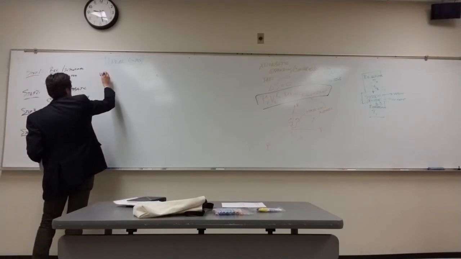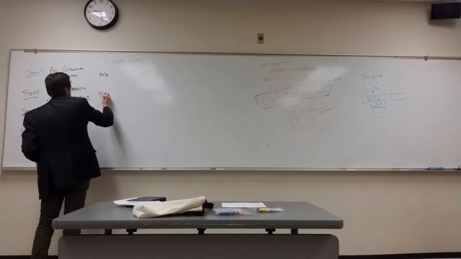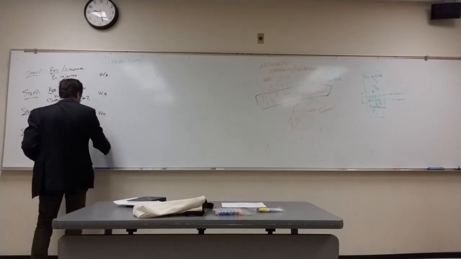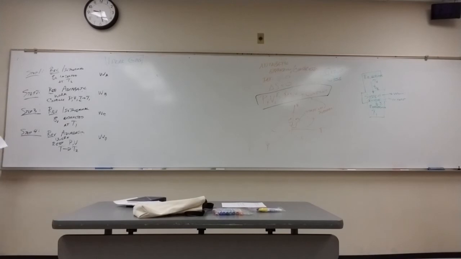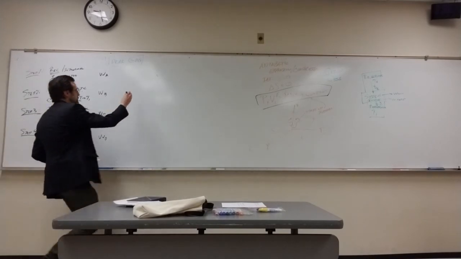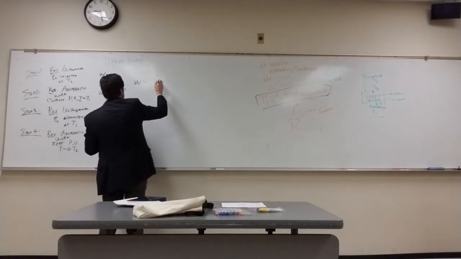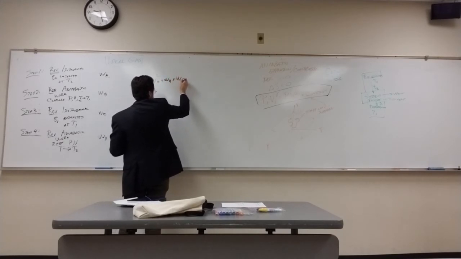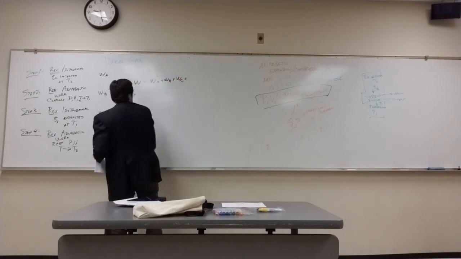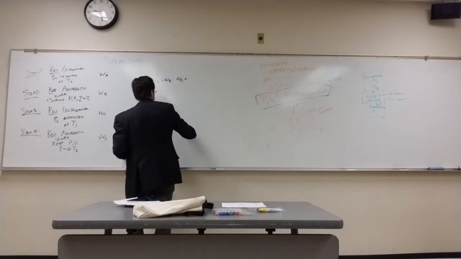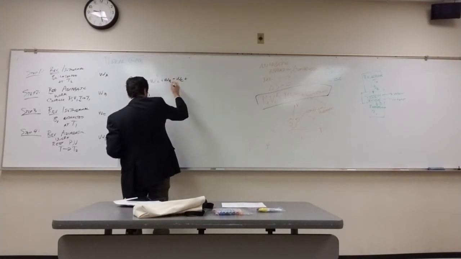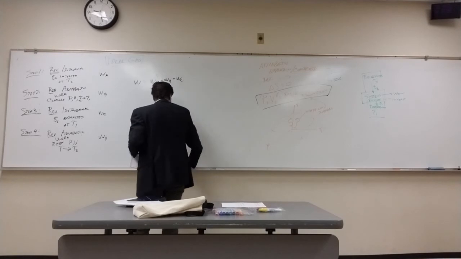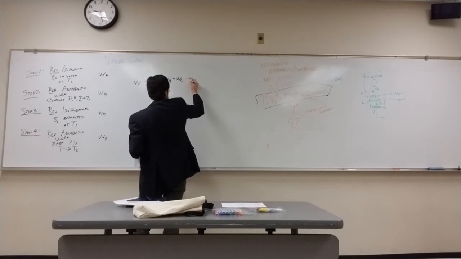Let's call this WA, WB, WC, and WD. That's the work at each step. So the total work is WA plus WB plus WC, sorry, plus WD. In my notes, I'm using absolutes.